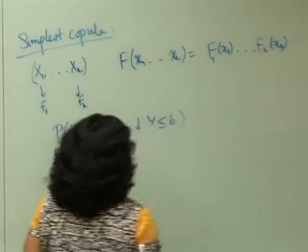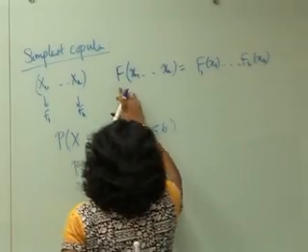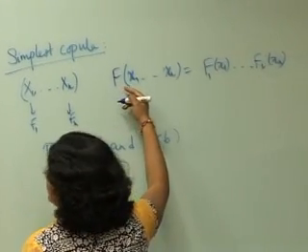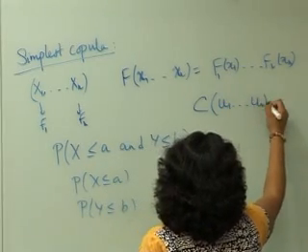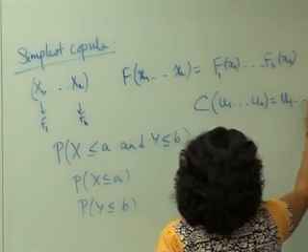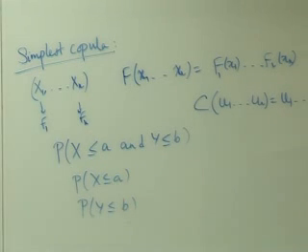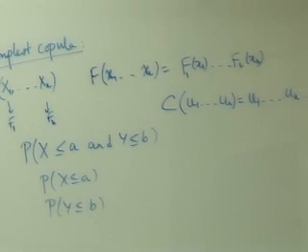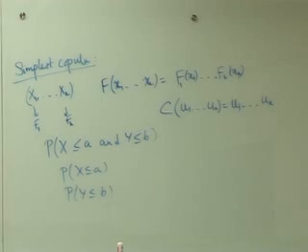And let's see what happens to the copula in that case. The copula at u1 through uk is just going to be the product of the ui's, because the copula is F of F inverse, and this F function is the product of these things.